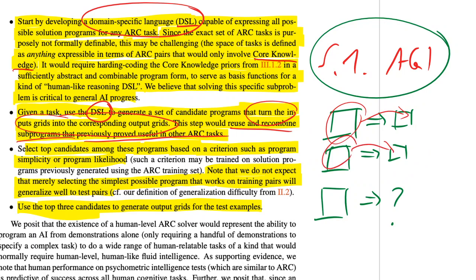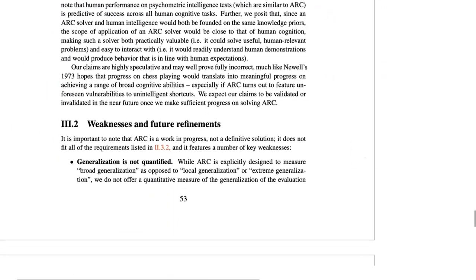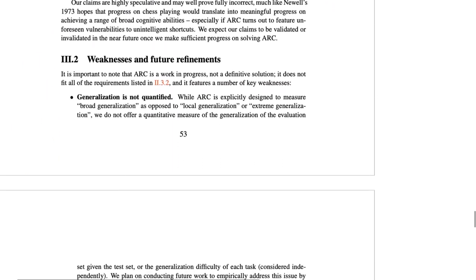You would generate all the programs, and then you would select somehow among all these programs the one that you think generalizes the most, and you would use that program to put this in and get out the solution. And they say it's not always the simplest program, not always the shortest program, maybe, who knows? I feel step 1 is the crucial issue here.